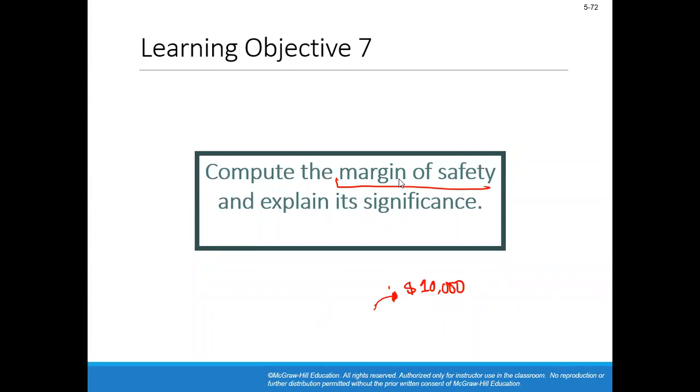Okay, let me give you an idea so that I can get the response from you. Say the two businesses, A and B, are identical because they do the same business. And let's assume that they have the same amount of break-even sales dollar, which is $10,000, just for simplicity.